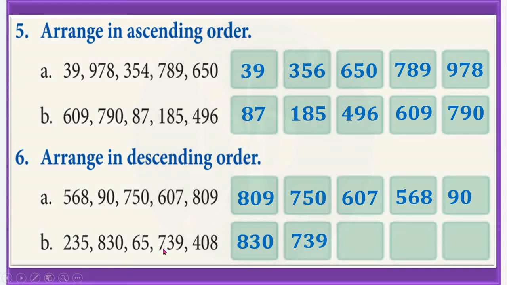So when we compare these 408 and 235, 408 is the largest, so it will come to the third box here. And after that 235 will come to the fourth place here, and the remaining two-digit number 65, which is smallest, comes to the last box here. So this is how you can arrange the given numbers in descending order.